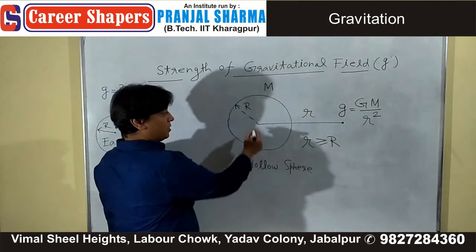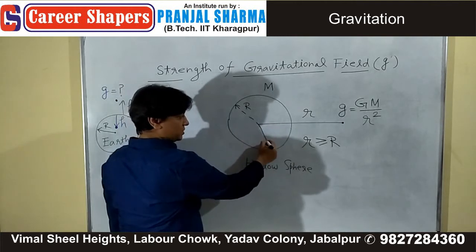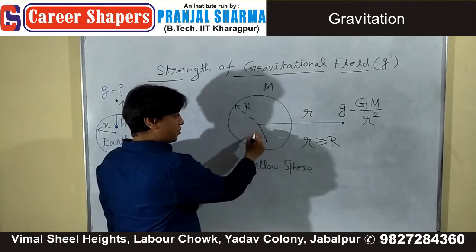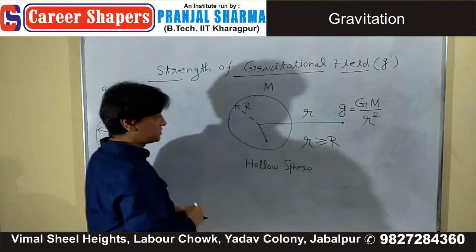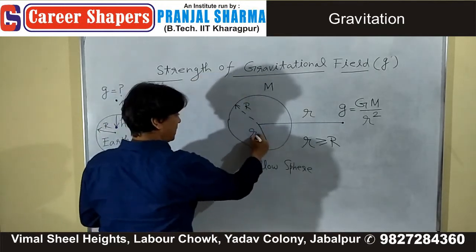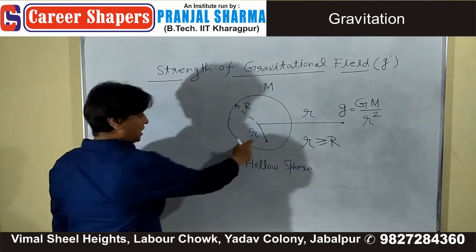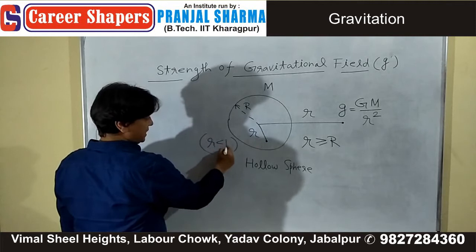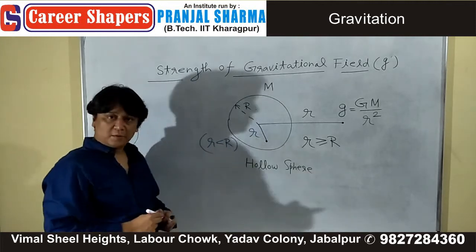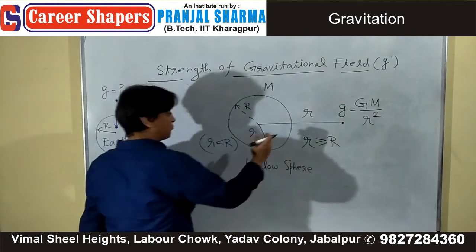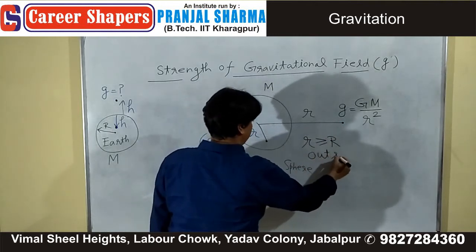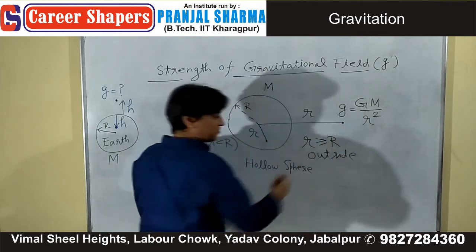If you are at this point, now what is this point? For this point, your distance from the center is r, but this r is less than capital R. That means when you write r greater than capital R, you are outside or on the surface.